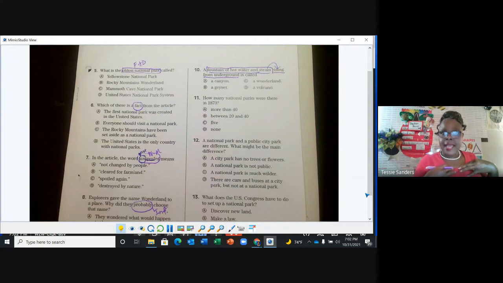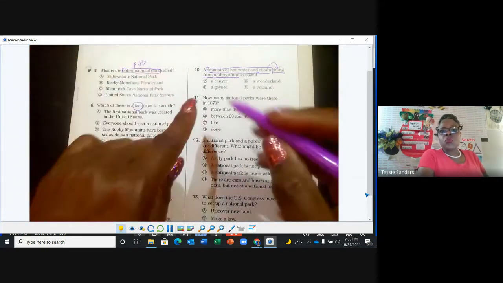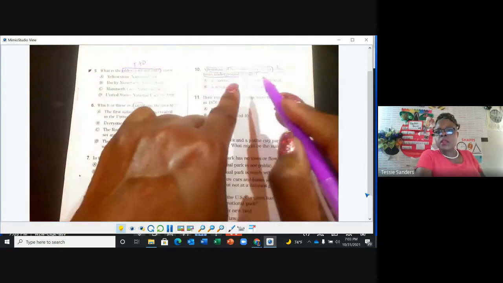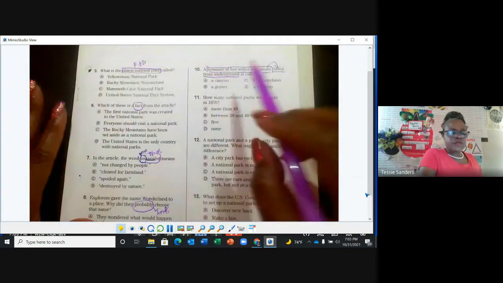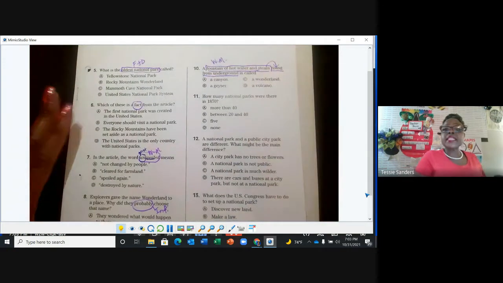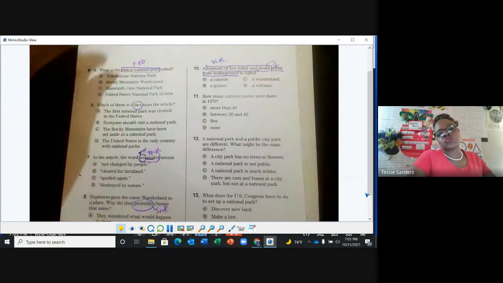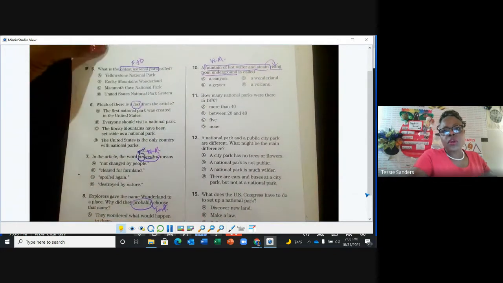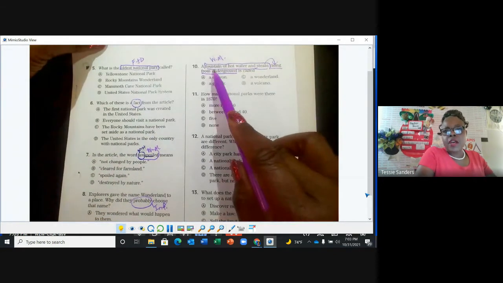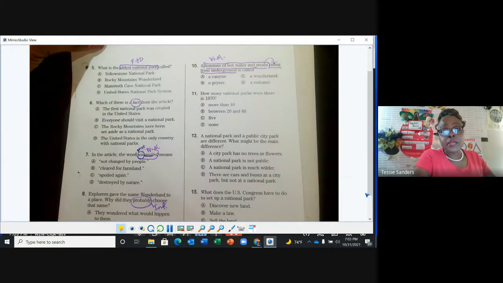And this is a word meaning question. You are wanting to determine the meaning of this phrase. And it's a fact and detail because you have to go back into the story to look for what a fountain of hot water and steam rising from underground means.